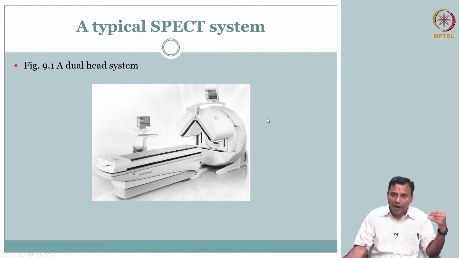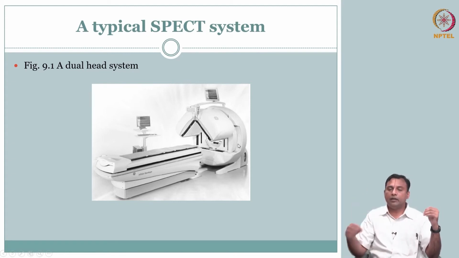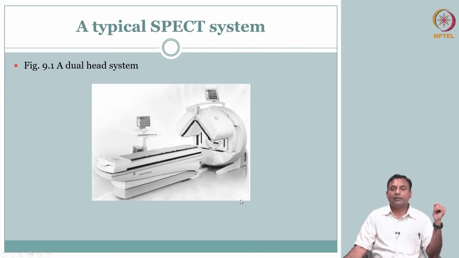The only thing that we add to the instrumentation is this arm. Here is an example of a dual head system. You could extend the same one head, one Anger camera, put it on an arm that can rotate around in different directions, get the planar scintigraphy data, and then do the reconstruction. So, this is the difference.